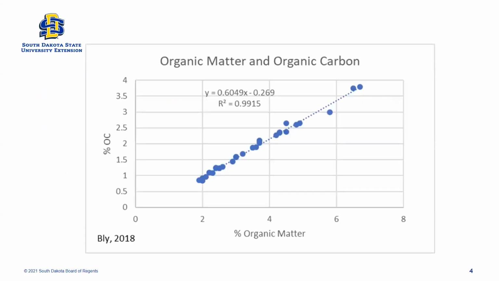And this graph should help you feel better about that, because this is the relationship between soil organic matter and soil organic carbon. This is real data from South Dakota, and many other people have data just like this. So you can feel really confident about using those equations to convert. It does a really good job.